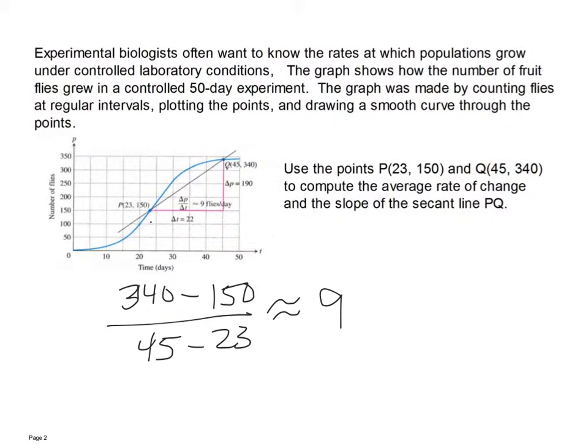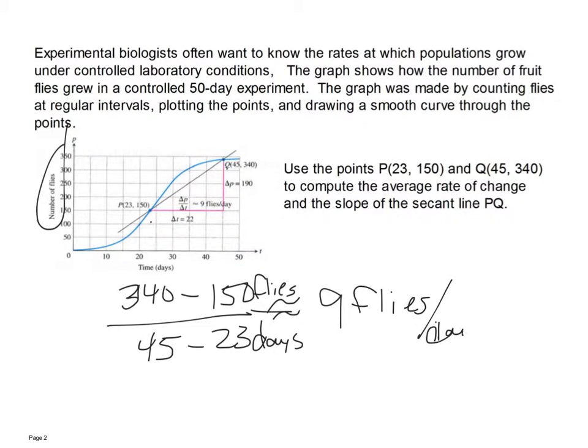But remember, y is the number of flies, so flies. And the bottom unit is days. So remember, divide means per, so literally that is flies per day. It's a nice way to figure out your units: put the units into what you're calculating and it ends up giving you the units practically.